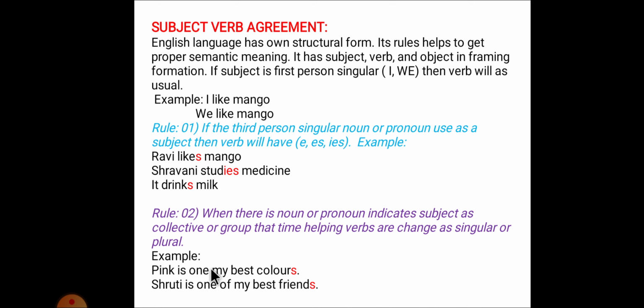Okay, here f is missing, so you put it down. Shruti is one of my best friends. So Shruti is one of my best friends means you are picking one. So Shruti is your best friend. So this is subject verb agreement. We need to understand these kinds of questions will arrive in the question paper.